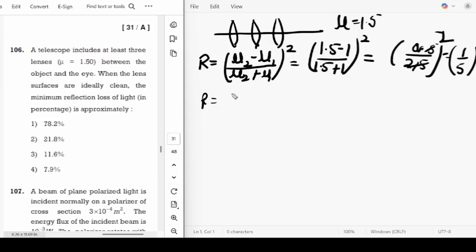So R is equal to 1 by 25, so the reflection coefficient comes to 0.04.